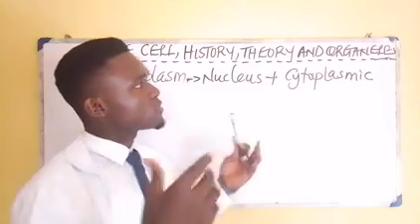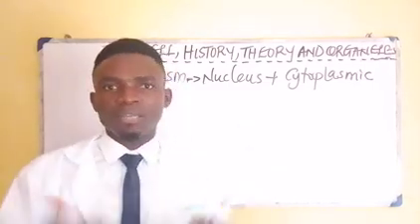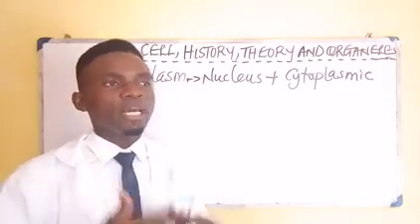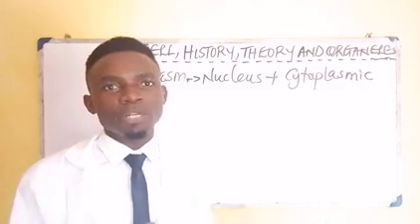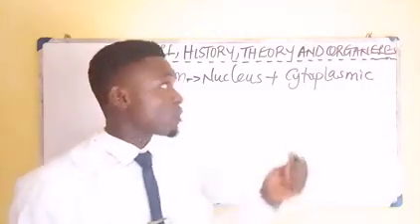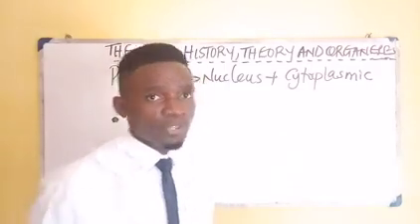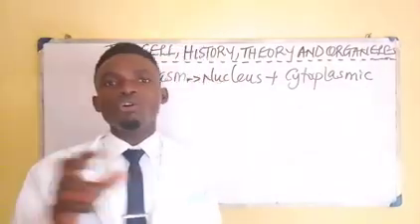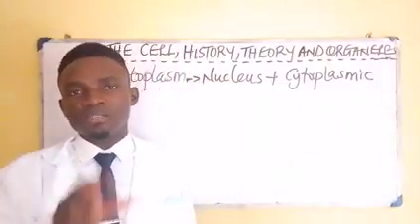So examples of cytoplasmic materials are the mitochondria, the ribosomes, the lysosome, the rough and smooth endoplasmic reticulum, and the Golgi bodies. All of these are called cytoplasmic materials.